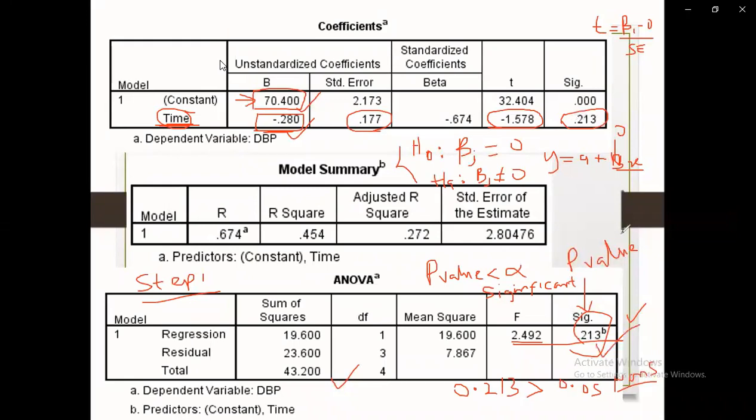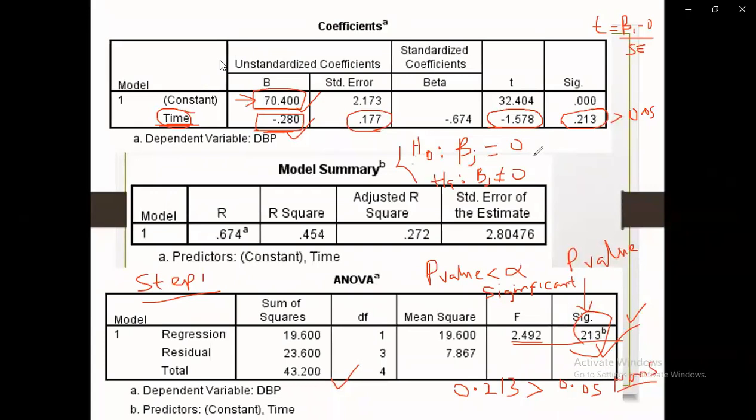This p-value is greater than the alpha value of 0.05, which suggests the test is not significant, meaning we cannot reject the null hypothesis.